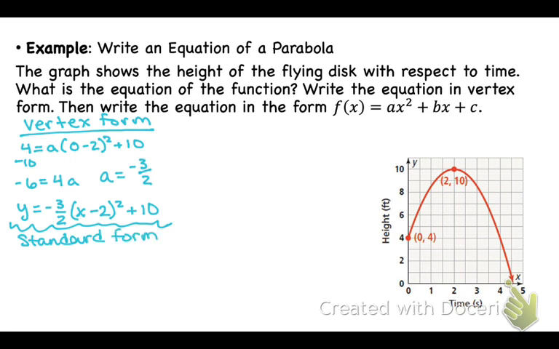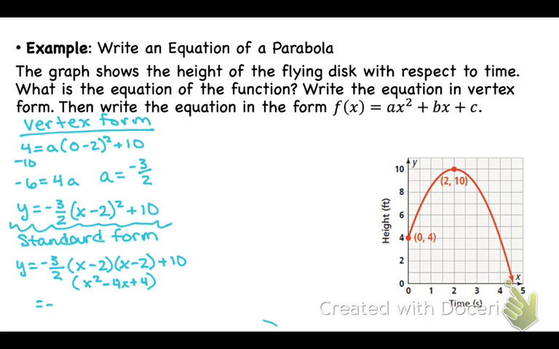Okay, so how am I going to get this into standard form? I have to multiply x minus 2 times x minus 2, because it says squared. So x squared minus 4x plus 4. And then I have to distribute 3 halves.